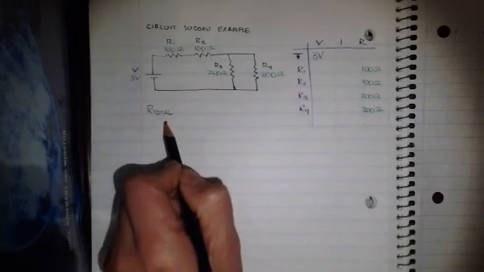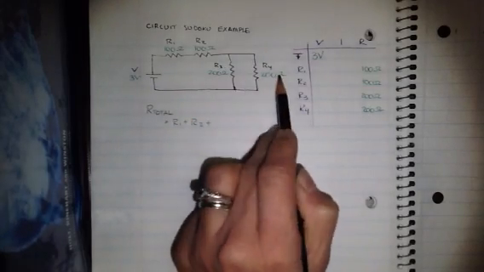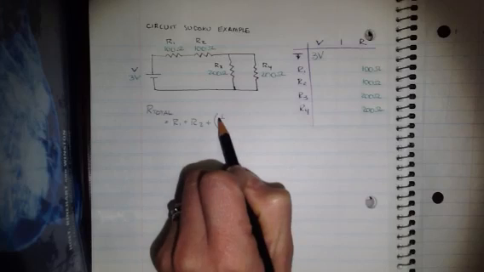R1 and R2 are in series with R3 and R4, which are in parallel.